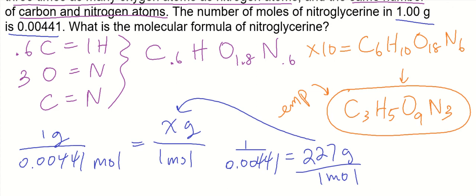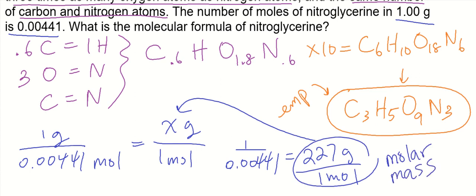Good. We have the empirical formula. We have the molar mass. We can get the molecular formula, which is what the problem is asking us for. All right, what is the molecular formula?